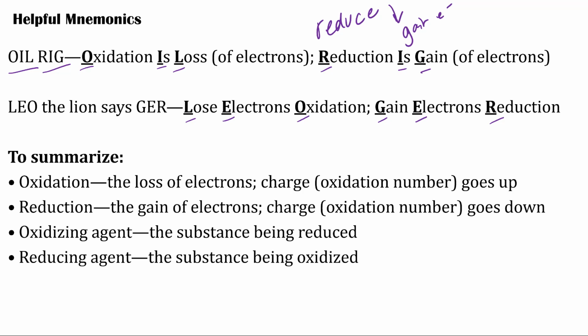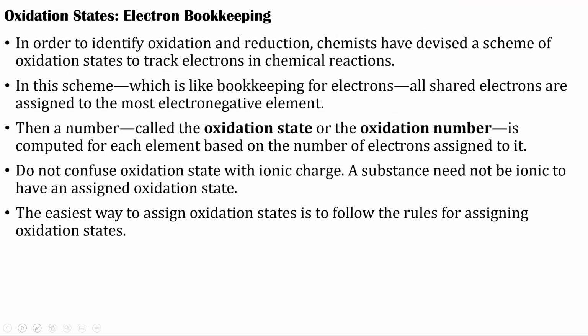And so here's a summary of what we're going to be looking at. Oxidation states are a way to identify oxidation and reduction reactions. We also call them redox reactions, which is short for oxidation reduction. All shared electrons are assigned to the most electronegative element.